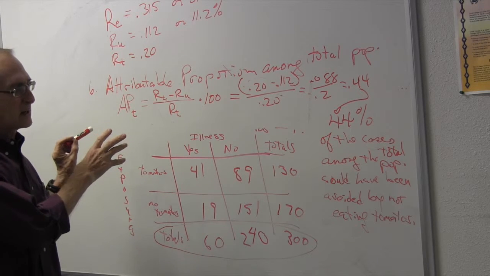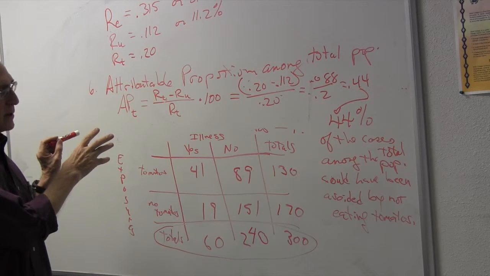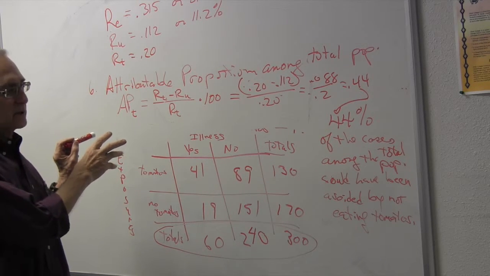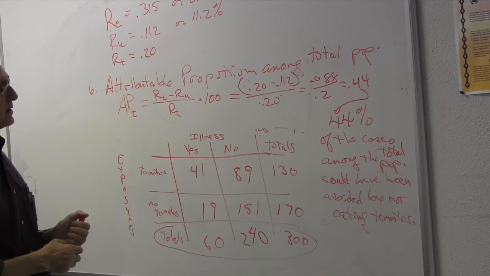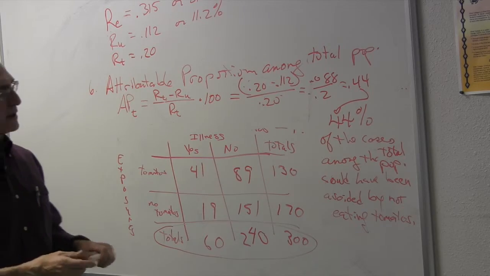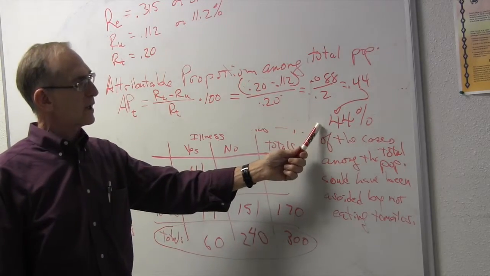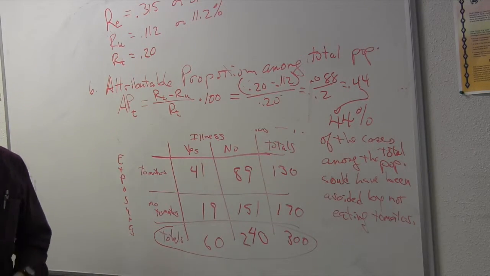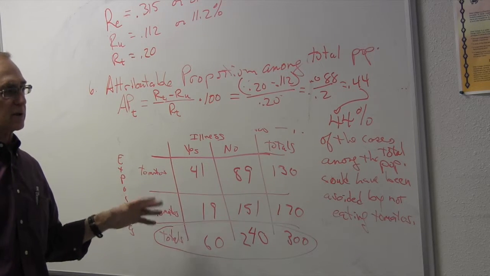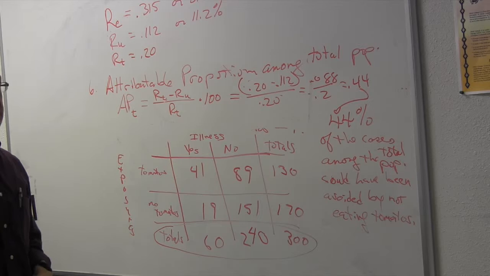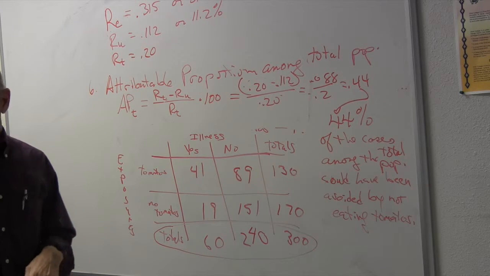There's more possibility of them getting the salmonella from that exposure, and so the percent that's attributable to that cause in the exposed is a higher percentage. So sometimes you also want to know, well, if we did a campaign to prevent that exposure, what percent of the total cases could we avoid? And that would be that number.